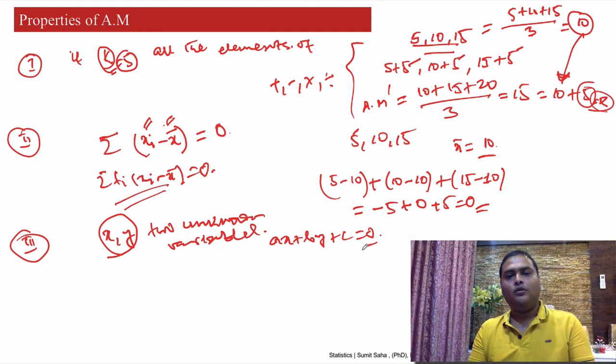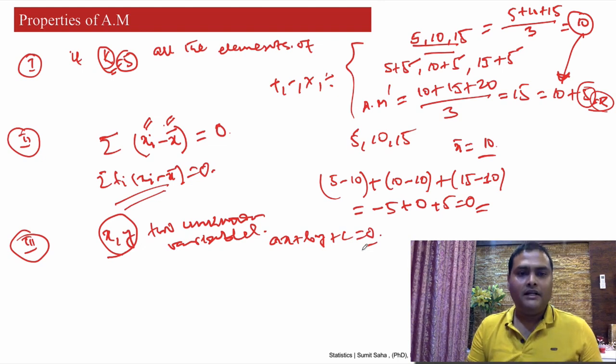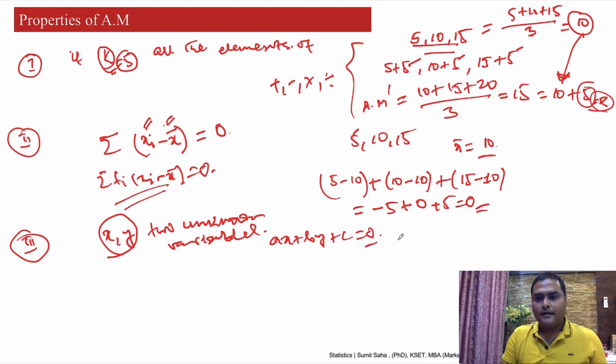That means there are two variables x and y, and they are related by this equation. If x bar is given, then you can calculate y bar, or if y bar is given, then you can calculate x bar.